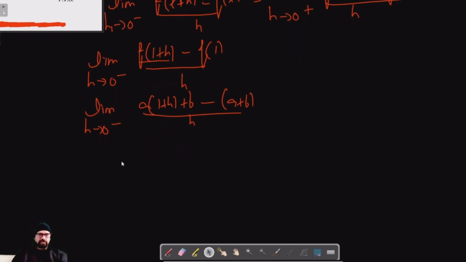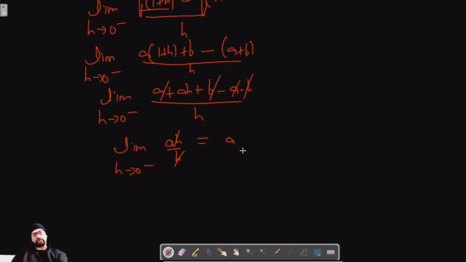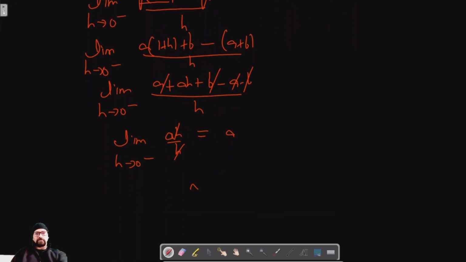Let's evaluate this. If I open up the bracket, this gives a plus ah plus b minus a minus b upon h. So b and b get cancelled, a and a get cancelled, and this is limit h tends to 0 negative, ah upon h. So we are left with a, so this is equal to a.